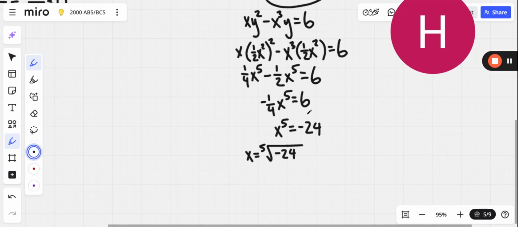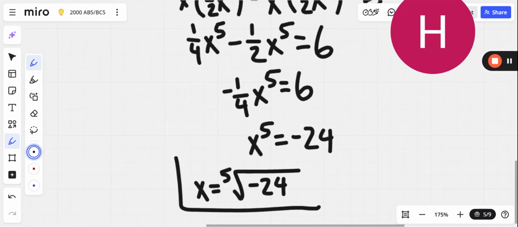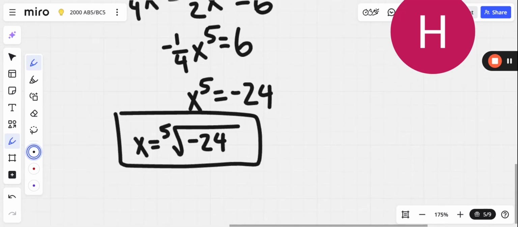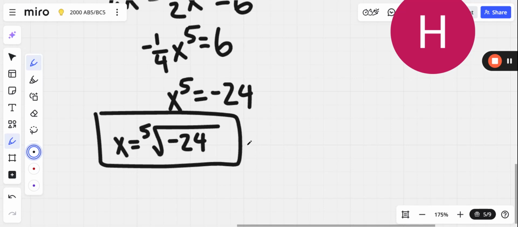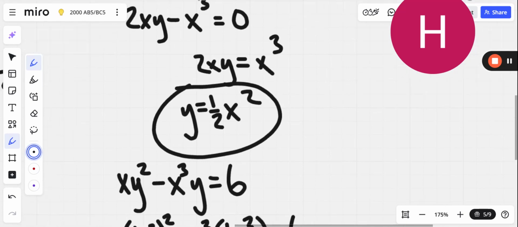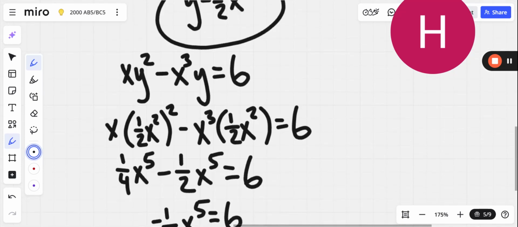Let's see if anything else would work. There has to be a reason why they put each. Let's look at what the y value would be. Maybe there are 2 x values that result in the same y value. Got it.